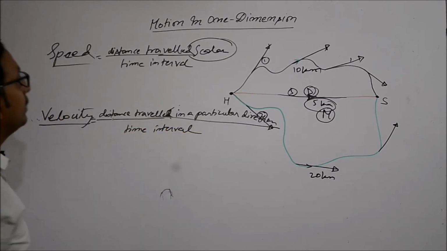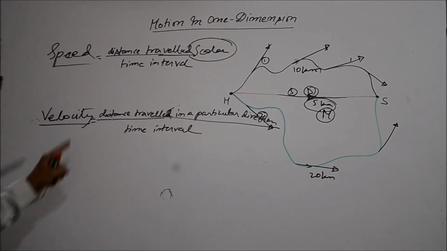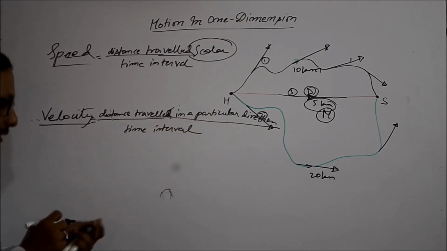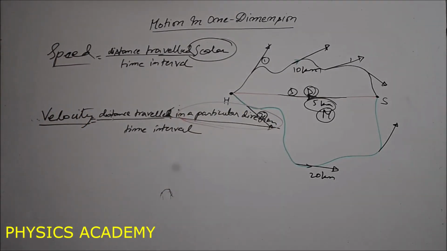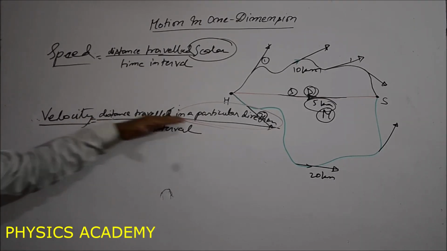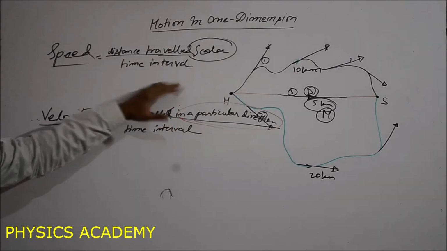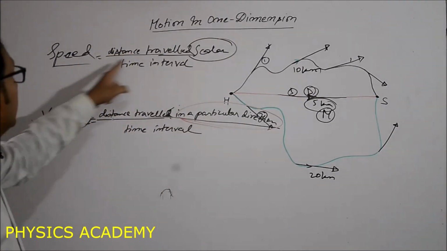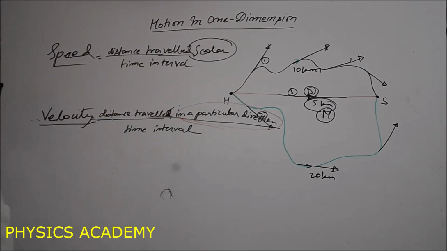So everything almost remains the same from speed and displacement. Only major difference is that velocity is distance traveled in a particular direction. This portion is important, in a particular direction, divided by the time interval, while speed is the distance traveled only, that means there is no direction involved, distance traveled, and this one is time interval. That's the same thing what we have done for displacement also.